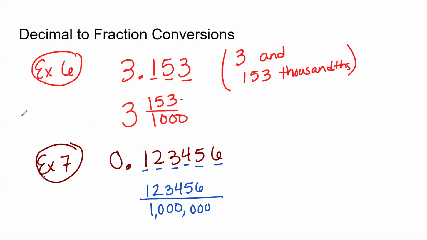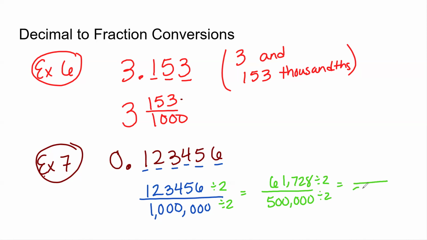Now that probably does reduce. They're both even, so it is definitely going to reduce. So I would just grab a calculator. The bottom, a million cut in half, is 500,000. And the top, I'm just going to use my calculator. Cut in half is 61,728. They're both still even. I'm going to divide it again.